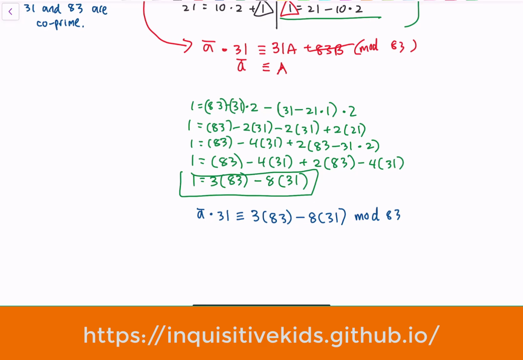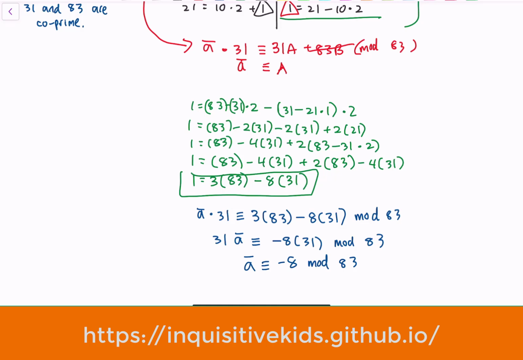Because we are dealing with mod 83, any term with a factor of 83 can be reduced. So we are left with 31 times a bar is congruent to negative 8 times 31 mod 83. Looking at this, we can see that a bar must be congruent to negative 8 mod 83.